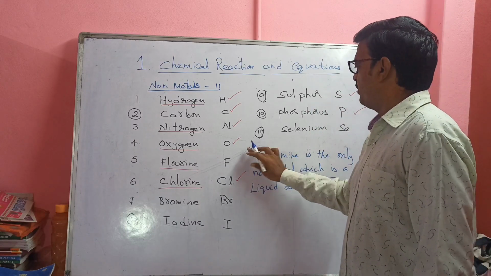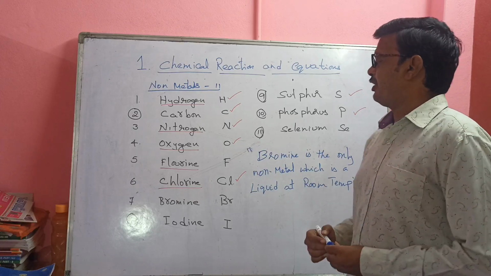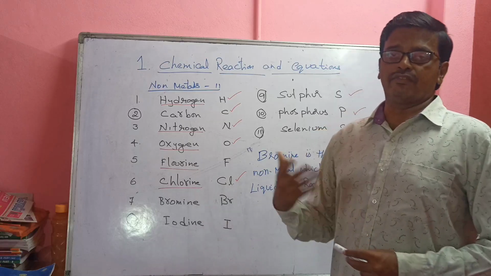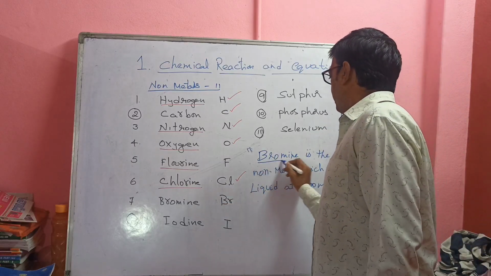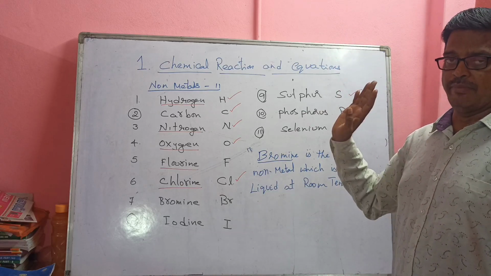This is a very important point. Which non-metal is liquid at room temperature? What is the answer? Bromine. Bromine is the only non-metal which is liquid at room temperature.